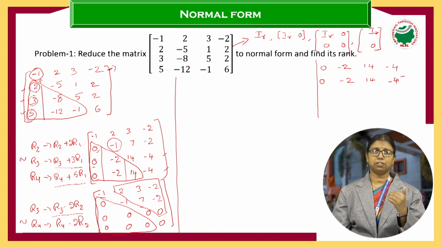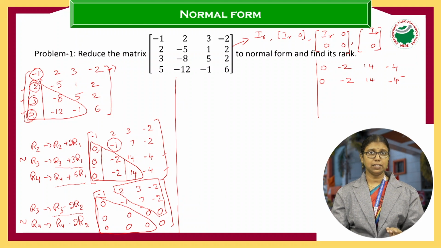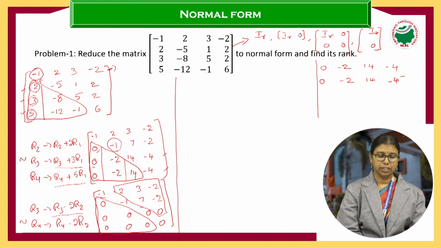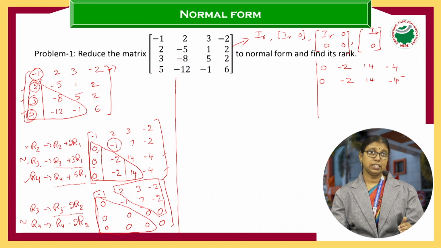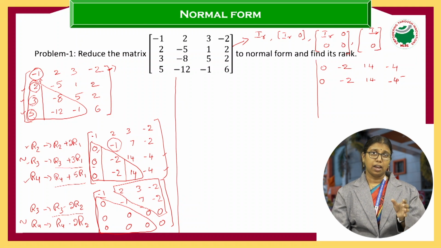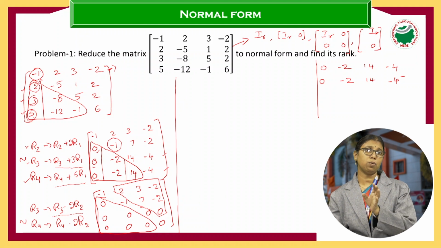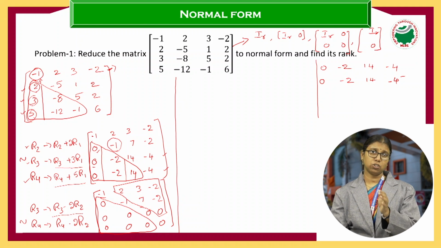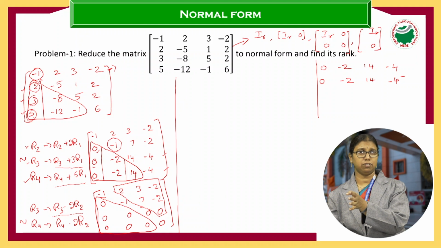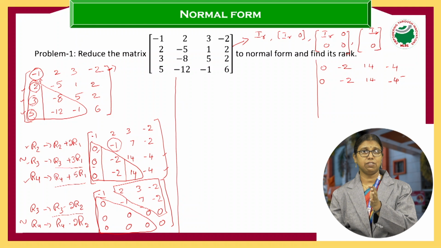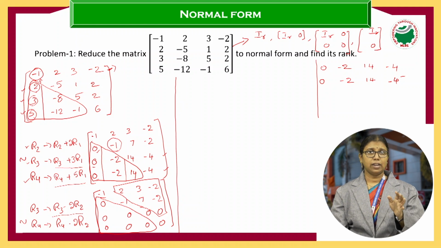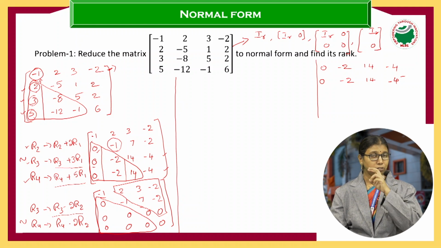In upper triangular form, we are changing rows R2, R3, R4, focusing on the values which are in a single column. Now for lower triangular, you have to change columns like C2, C3, C4, and in this step you have to focus on the values which are in a row. I hope you are understanding. So here you have to remember two things.